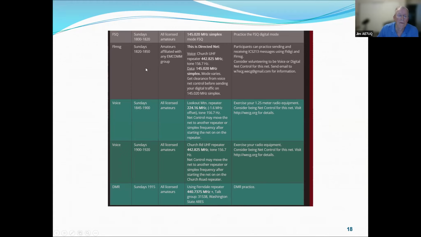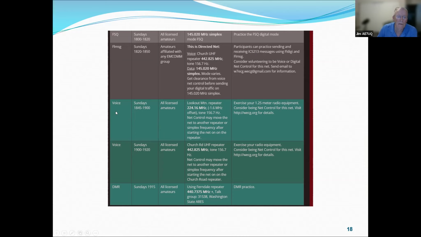Then we have the one I described earlier, sending message forms using a form of FLDigi called FLMSG. Different time frame, it follows immediately after the other one. We send this on a different frequency, clear it on one frequency and send on the other. And then the description, we're sending ICS 213, Incident Command System form 213.